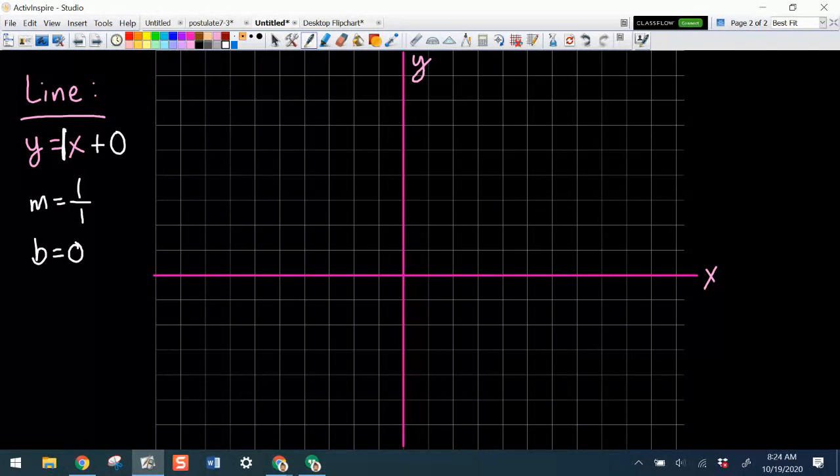That tells us this line crosses through the origin and has a slope of 1 over 1. So we go up 1, right 1, up 1, right 1, up 1, right 1, or the exact opposite, down 1, left 1. And this is what the line y equals x looks like.